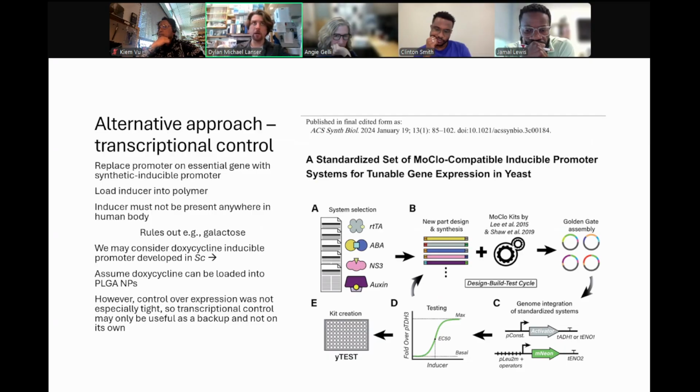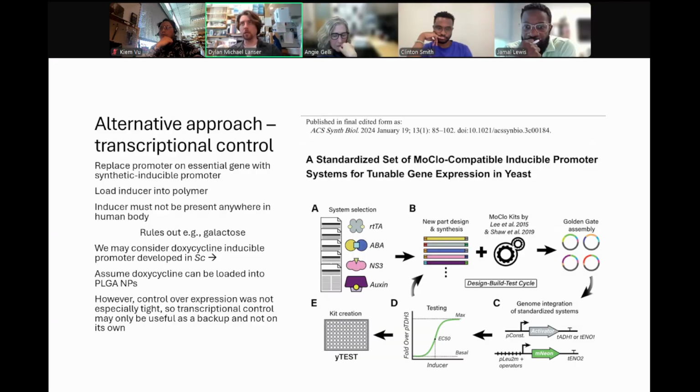One of the hurdles is obviously in the host we don't have as controlled an environment in terms of what inducers might be around. So we can't use some of the inducible promoters that might be convenient in fermentation.